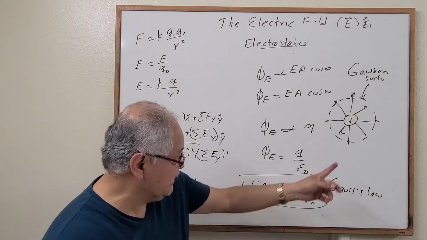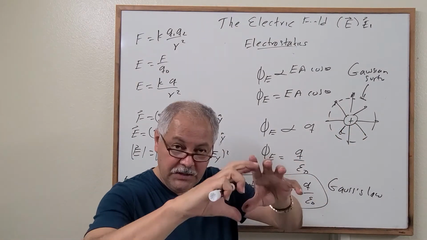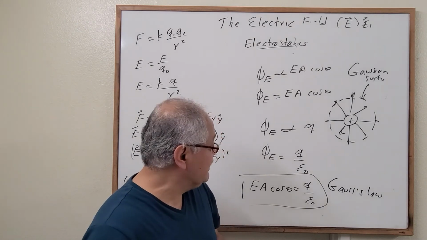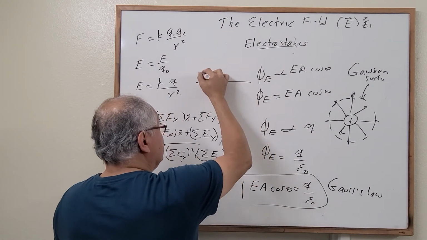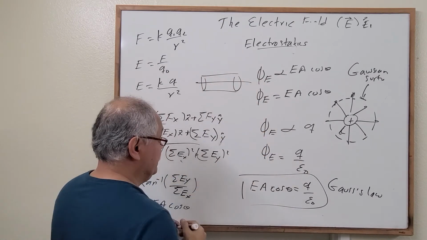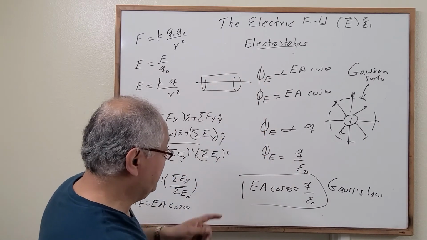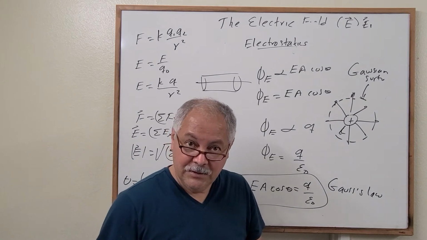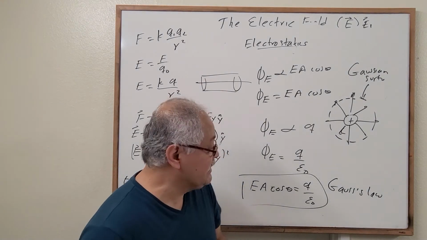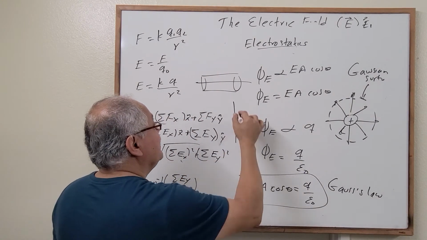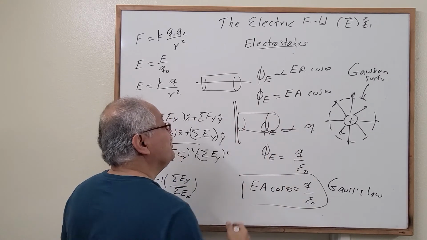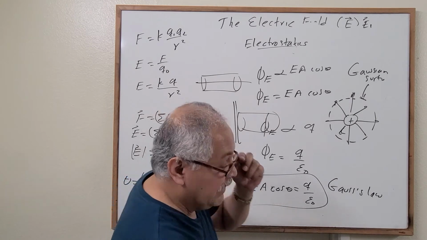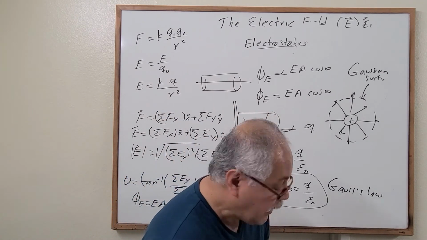For a point charge, to make symmetry, we create a sphere. If this is a wire, we create a cylinder by symmetry. And if this is a sphere, we create another sphere. If you have a plate, we create another cylinder like this. So it depends on the distribution of the charge.